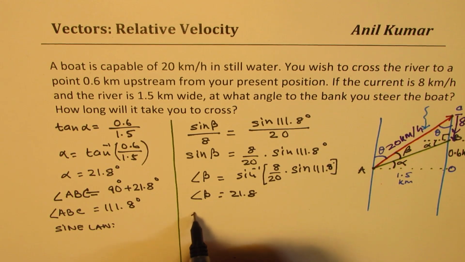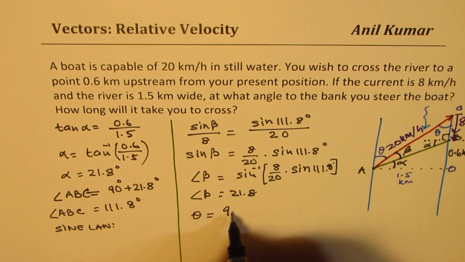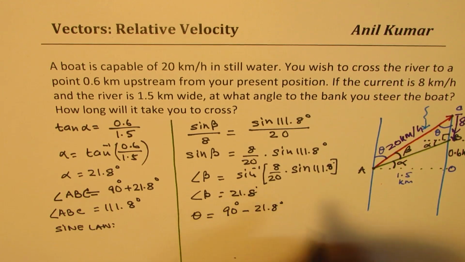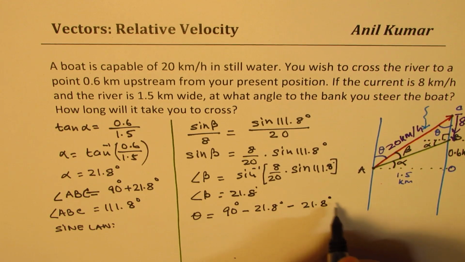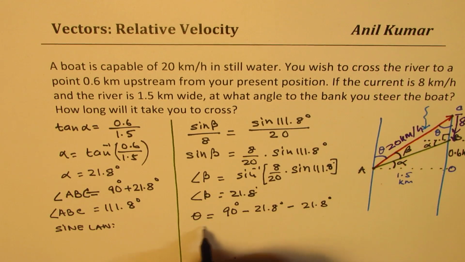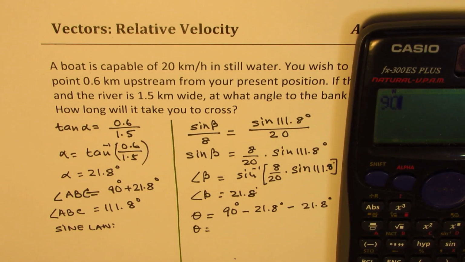So now we know that theta should be equal to 90 degrees minus 21.8 degrees, which is alpha, minus 21.8 degrees, which is beta, right? So that gives you the angle theta as 90 minus 21.8 minus 21.8.